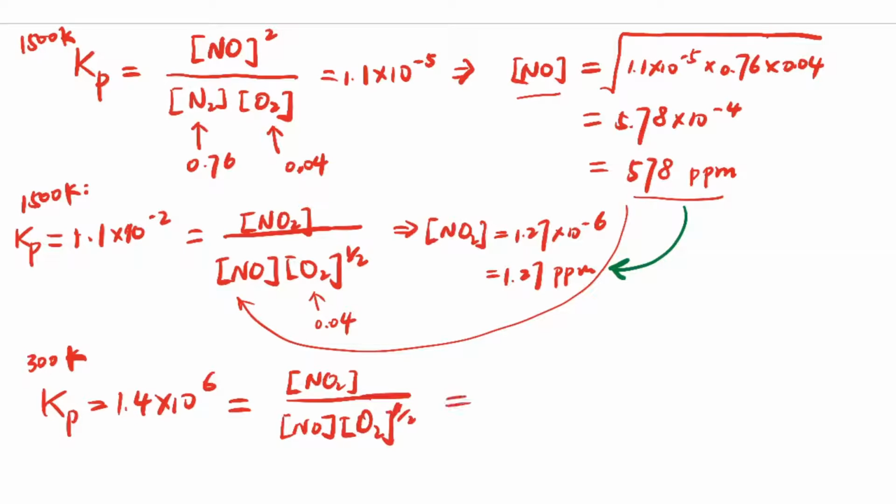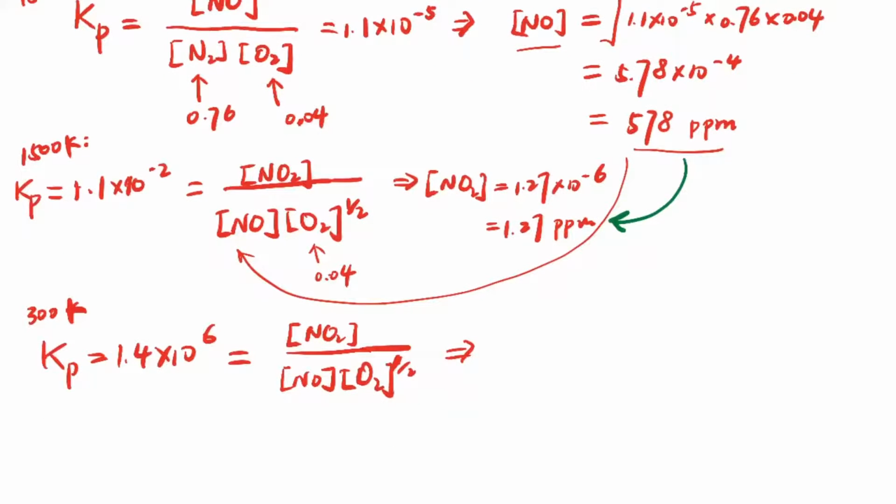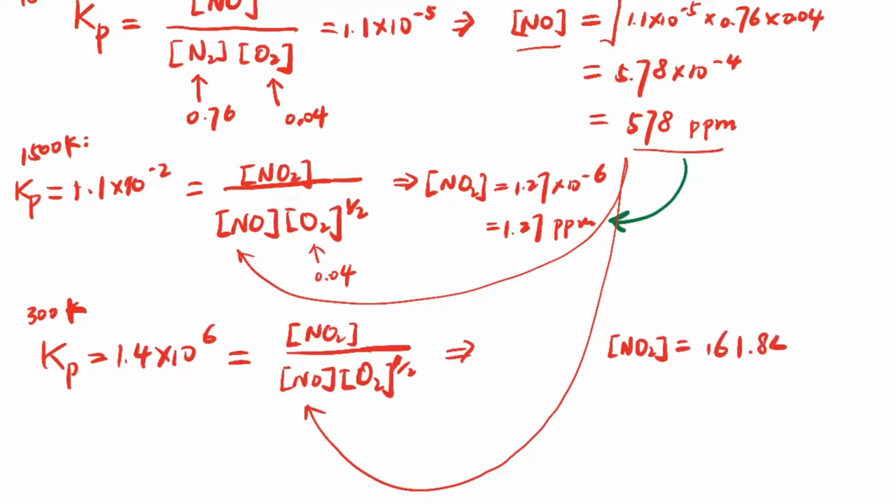And then we need to plug in the nitrogen monoxide concentration in here. Okay, so you can find out that the nitrogen dioxide concentration is actually 161.84. Okay, and this number doesn't make sense at all, right?